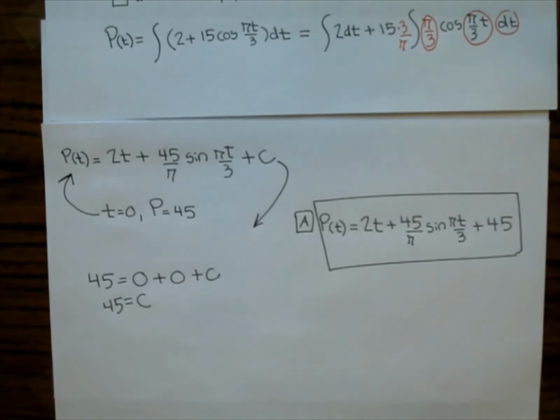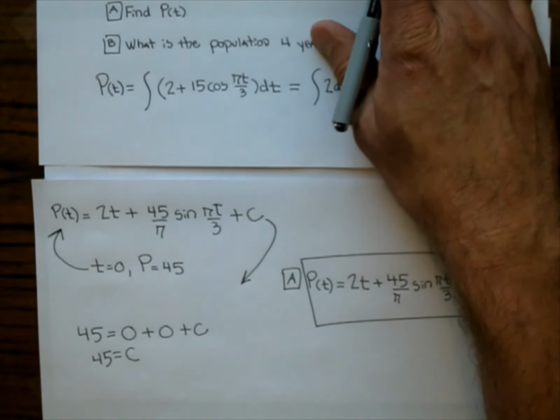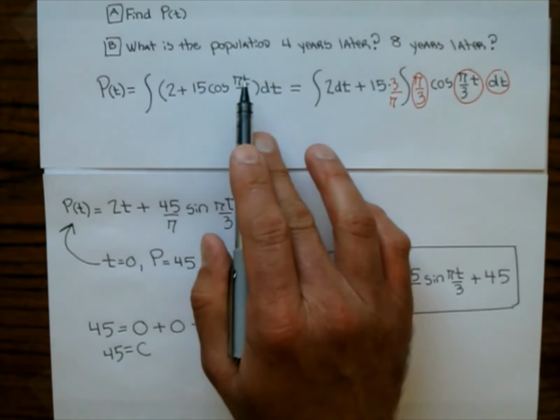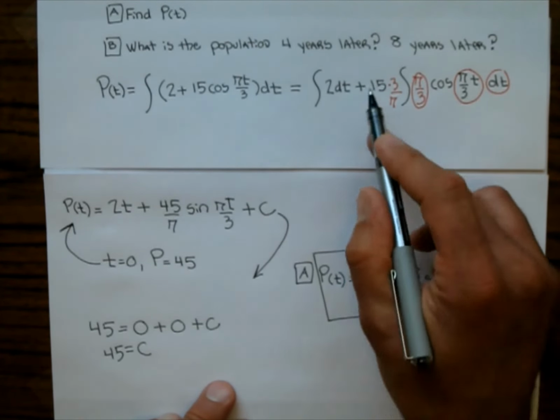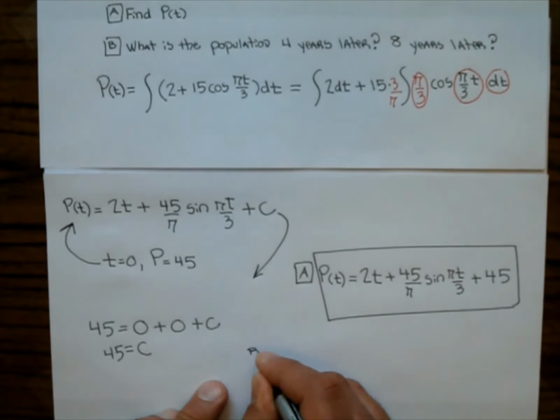Okay, so that's the answer to part A. Now part B asks us, what is the population 4 years later, 8 years later? Now we're just putting 4 and 8 into this function.